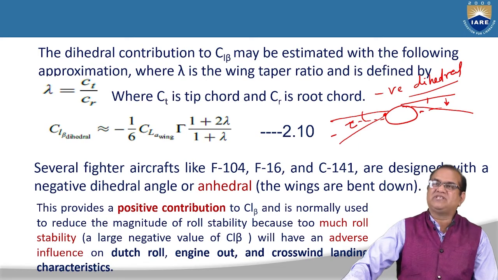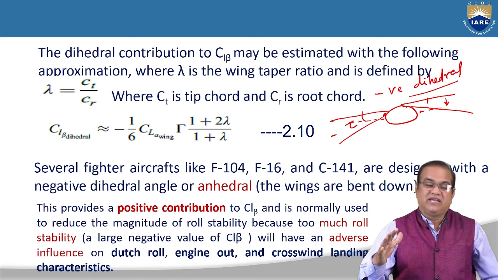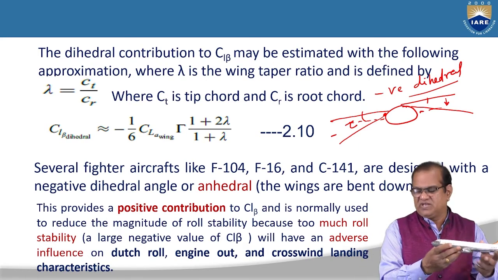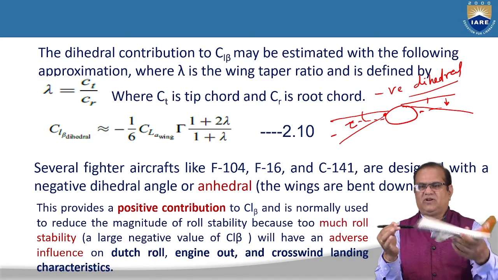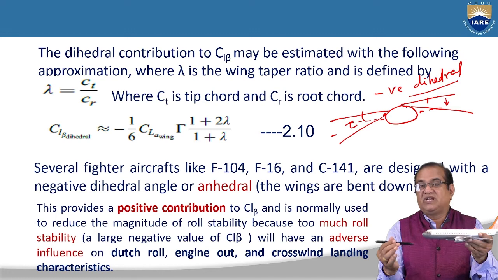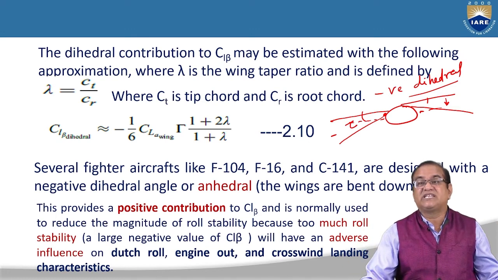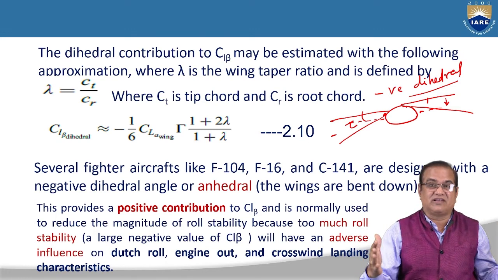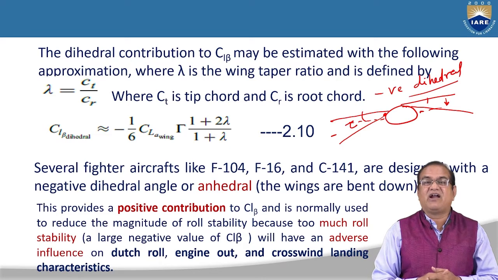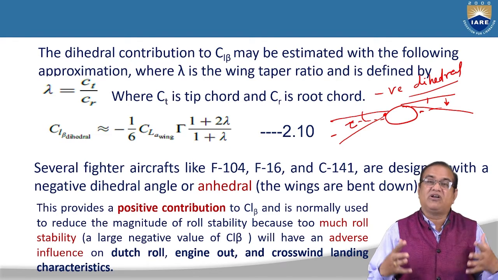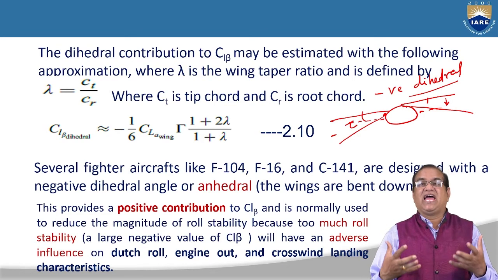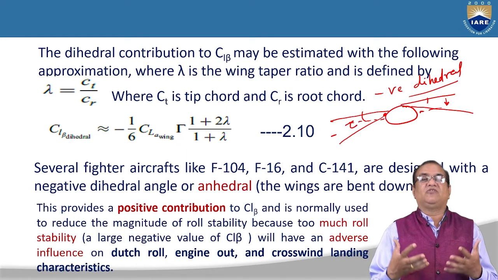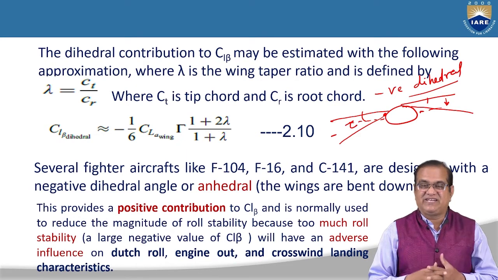So in Dutch roll, what happens if you have more CL beta, the response will be very fast. If the aircraft is flying like this and wind comes from this direction, it will roll very fast. That much speed we don't need, especially during crosswind landing on the runway, or when the aircraft is experiencing a Dutch roll or engine out, where one engine has failed. At that time, if the aircraft has a very large negative value of CL beta, it is very dangerous.